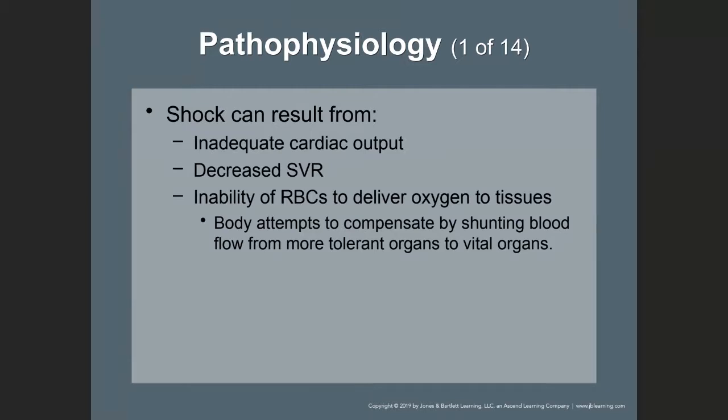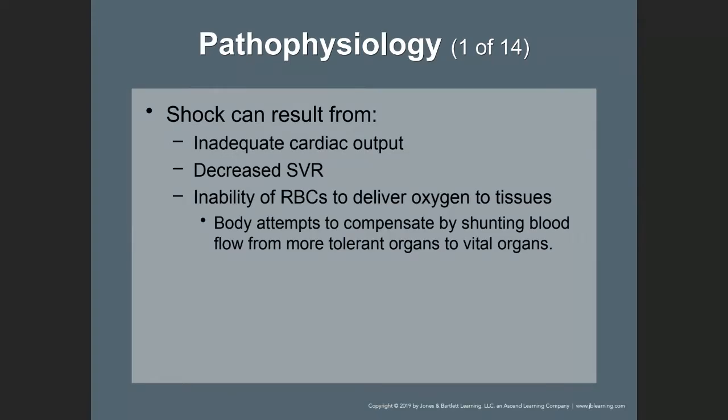So if the blood vessels are too dilated, the systemic vascular resistance is decreased. That means there is less pressure moving the blood inside the blood vessels. It can be due to inability of RBCs to deliver oxygen to tissues.